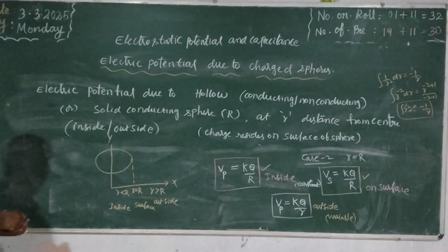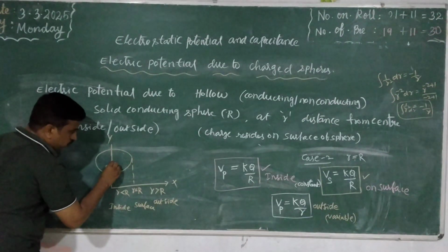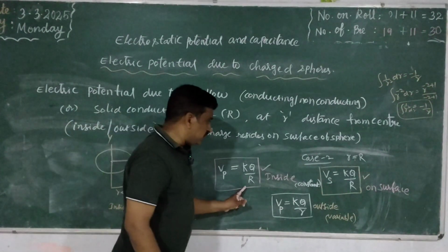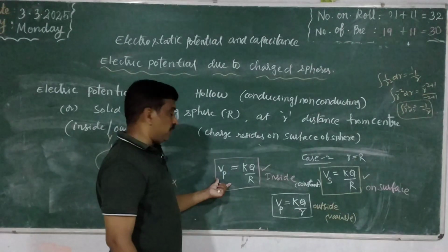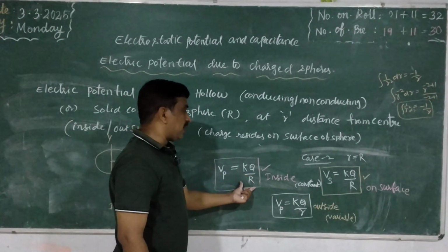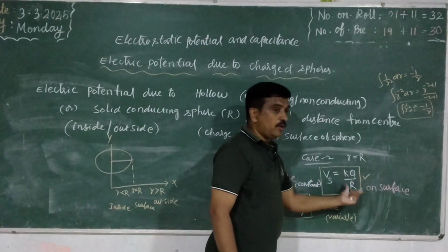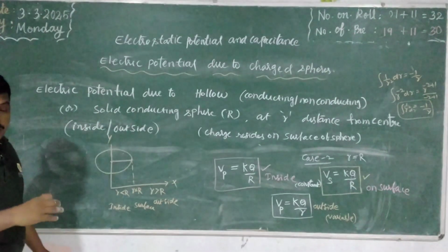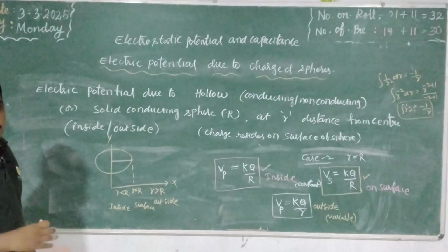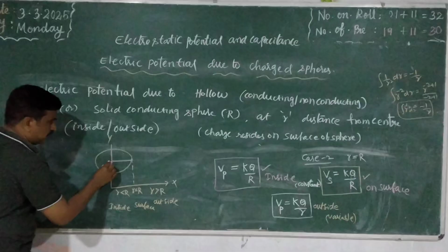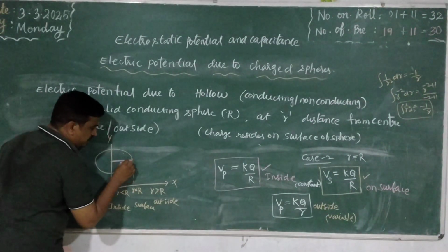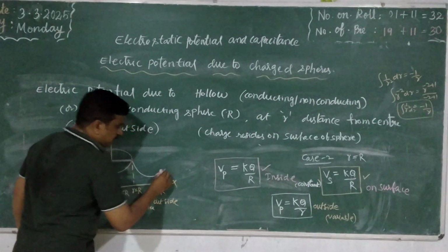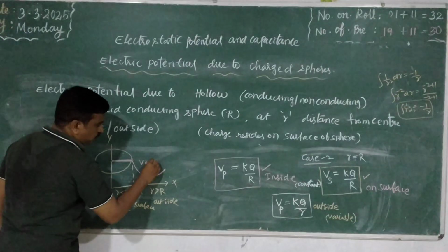Now we can draw the graph. From center to surface, it maintains constant. Potential at inside point is Kq by capital R, on surface Kq by capital R. Outside point Kq by small r, which means as r value increases, V value decreases. So it's variable. After the surface it decreases, meaning V is proportional to 1 by r.